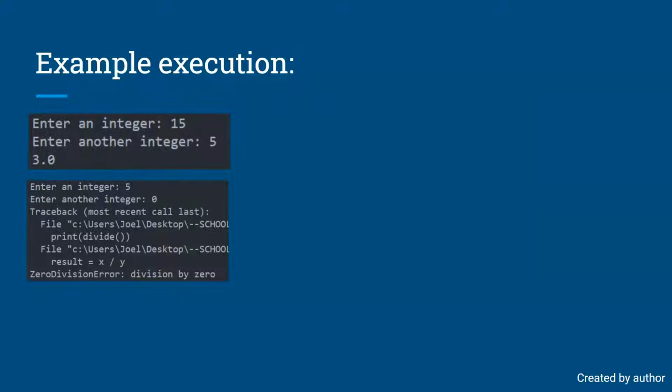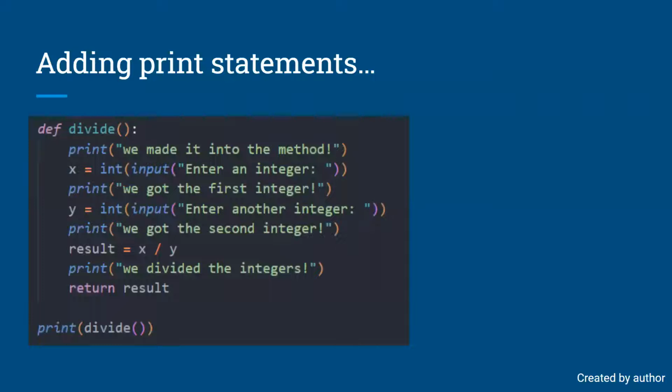Now, not every language and IDE supports this, so let's pretend for the sake of this video that we didn't see this detailed message, and let's use print statements to try to figure out the problem. Since we are choosing to ignore the error message provided to us, or at least pretending we don't understand it, let's start using these print statements to figure out what went wrong.